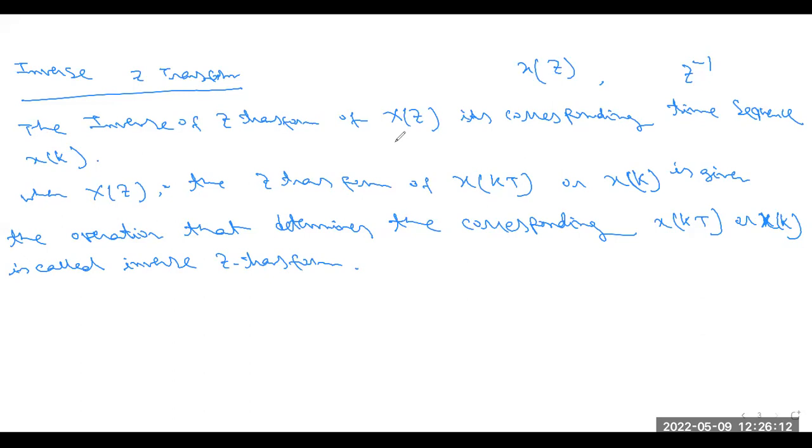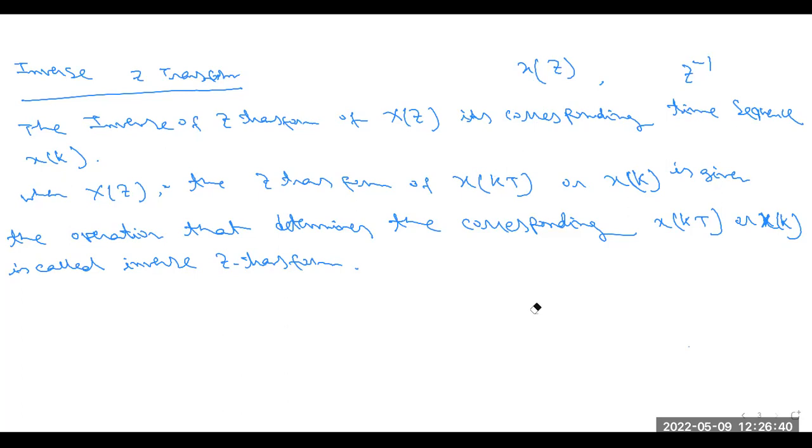So in our mathematical expressions, we have to express the Z transform method into Z inverse. So now X(z) is basically the Z transform of a function of either x of kT or x of k.